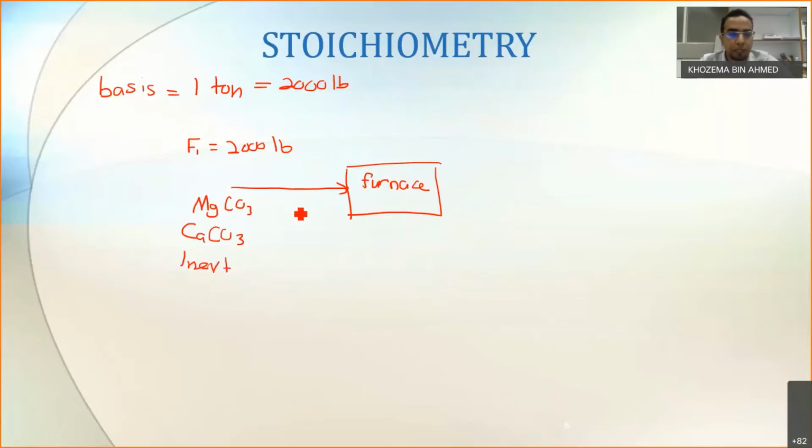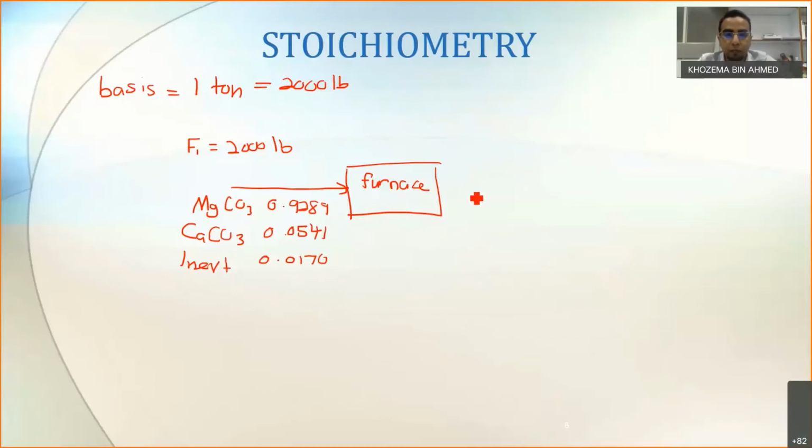The composition is 92.89%, so I just put it into a fraction, so it becomes 0.9289, 5.41%, so 0.0541, and 1.7%, so it becomes 0.0170. If you add these, you'll get a fraction of 1.